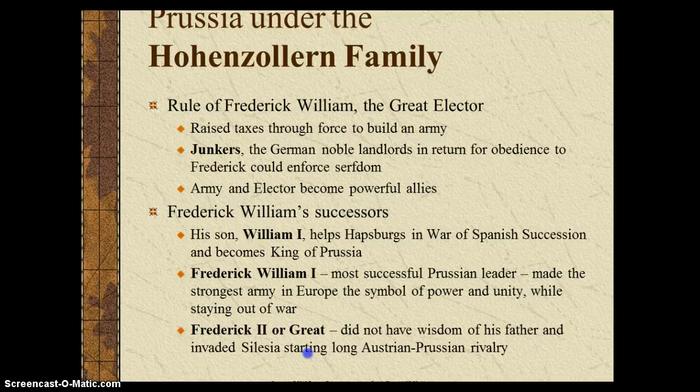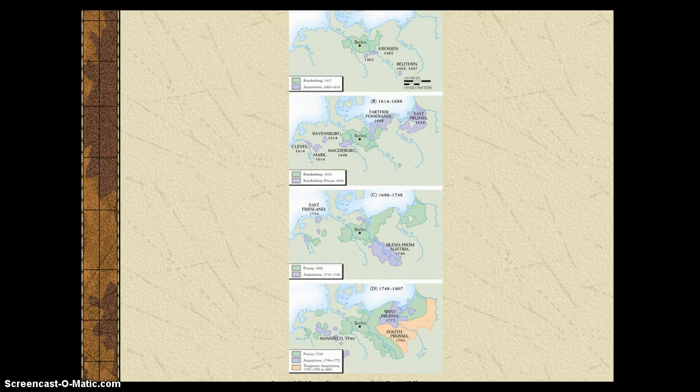Frederick II, or the Great, did not have wisdom of his father and invaded Silesia, starting a long war there. Now this is a map showing the expansion. So it starts here and slowly starts creeping out, and now you have a fairly substantial area of territory for Prussia.